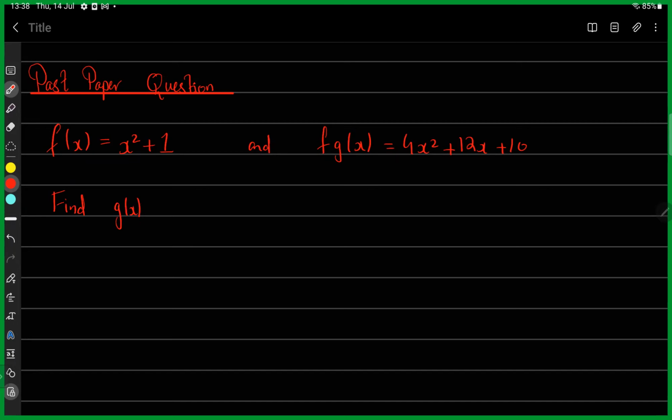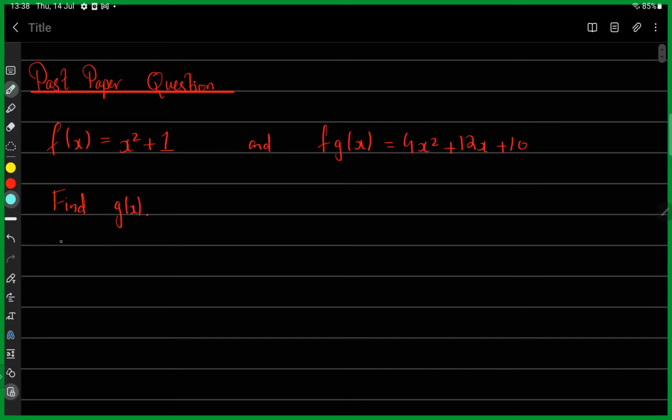This is basically the question that we will be discussing. Now, what is happening here? One of the two functions is given, their composition is given, and you need to find the second function, that is g of x. So how do we do that? We need to think about it logically.